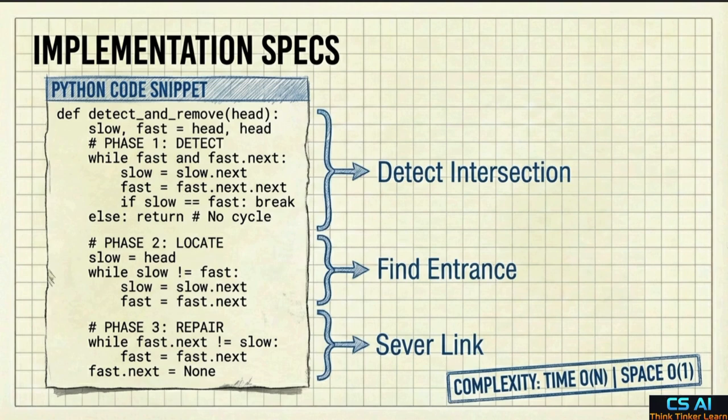Phase 2, locate, resets the slow pointer to the head and moves both pointers at 1x speed until they meet again, allowing us to find the entrance to the cycle. Finally, phase 3 is repair, which traverses from the fast pointer until its next node is the cycle start, then sets fast.next equals None to sever the link. The overall complexity is time O(n) and space O(1), making this an efficient and optimal solution.